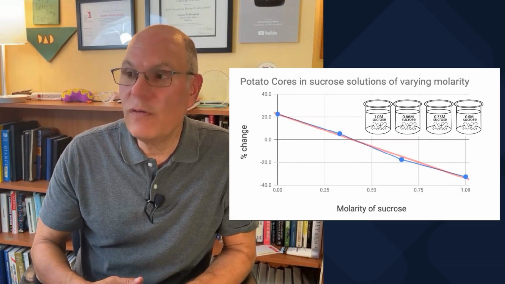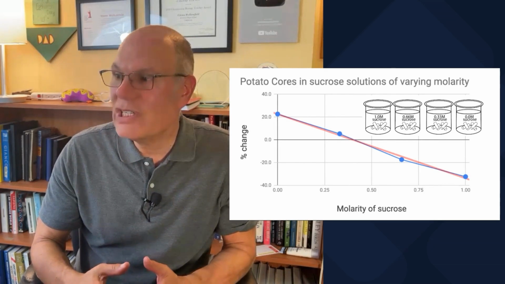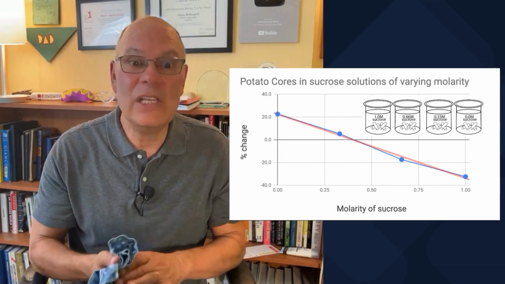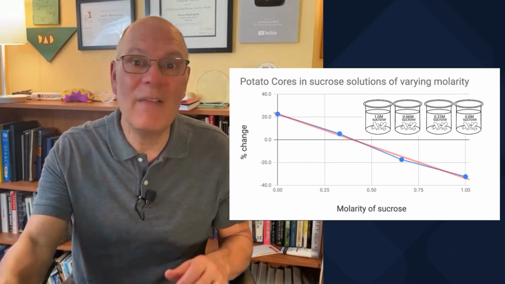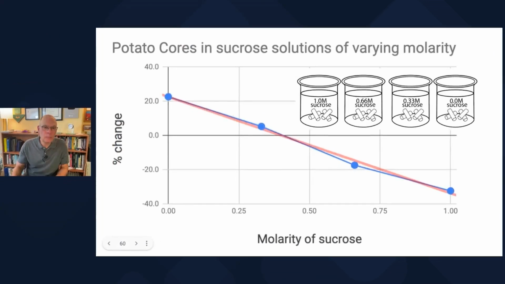And what you find is that when you calculate percent gain, what you'll see is that some of the potato cores will have gained mass, and some of the potato cores will have lost mass. What's that all about?